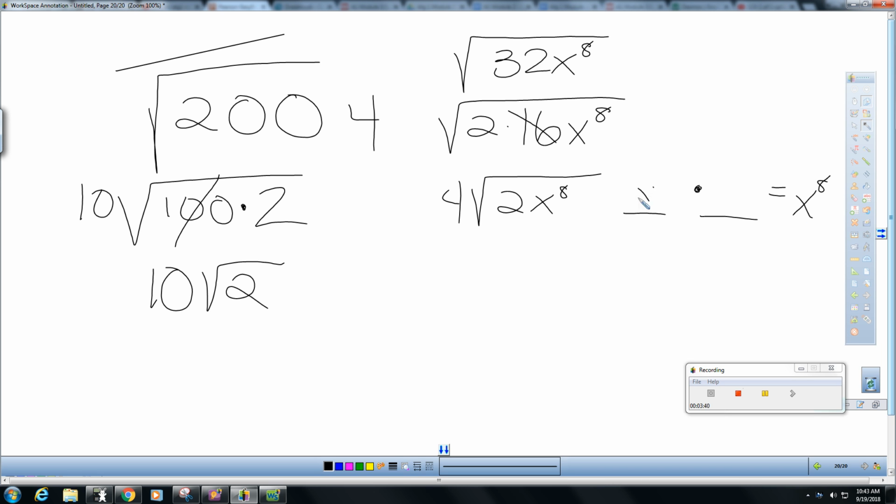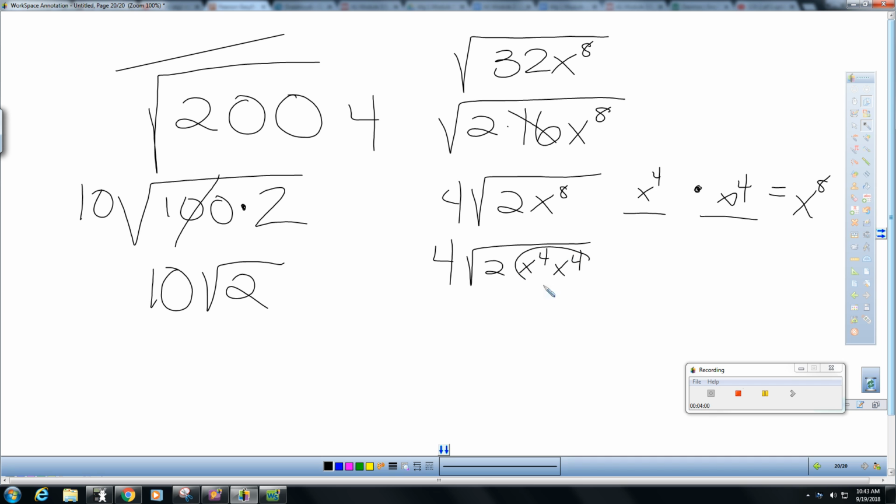Well, it's x to the something. X to the 4th. Very good. So let's write this as 4 times the square root of 2 times x to the 4th times x to the 4th. Well, x to the 4th times x to the 4th is x to the 4th squared.